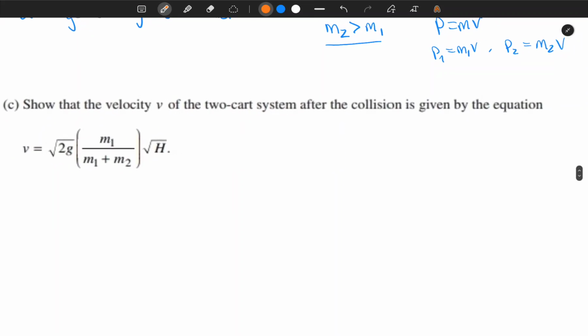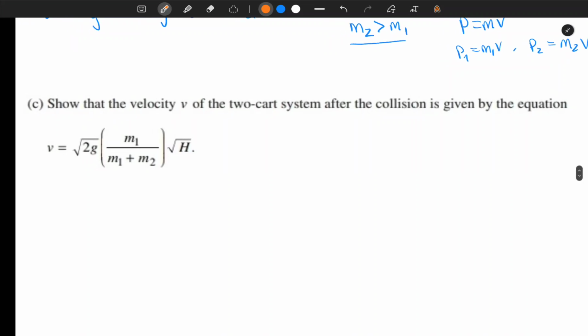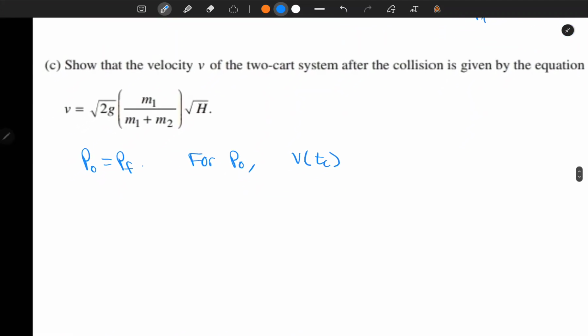Next, we wish to show that the velocity v of the two-cart system after the collision is given by the following equation. To do so, we note that momentum here is conserved. So the initial momentum, P0, is equal to the final momentum, Pf. For P0, the velocity at the bottom of the ramp, so the velocity at tC, is the following.